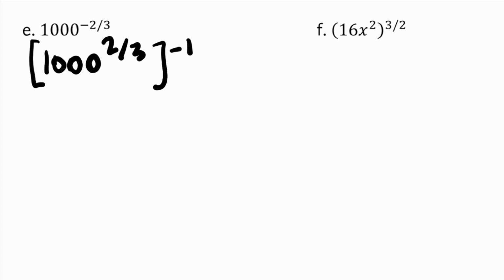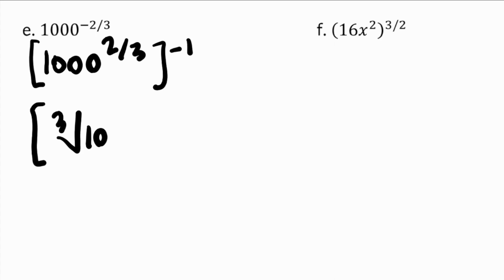The next one's got a negative exponent. We haven't dealt with that in a while, so I'm glad we're seeing that. What I'm going to do is say that's 1,000 to the 2/3 to the negative 1st power. I'm going to deal with that at the end. I'm going to work with the thirds first.